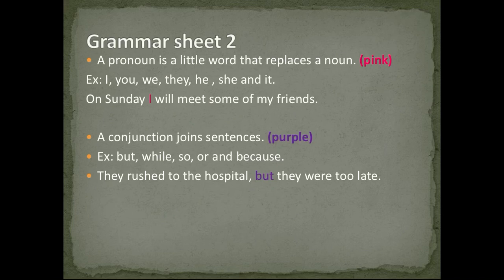Like I, you, we, they, he, she, and it. We use it instead of nouns. Instead of saying Ahmed, I can say he. And instead of saying year one, I can say they. Instead of saying Rania, I can say she.